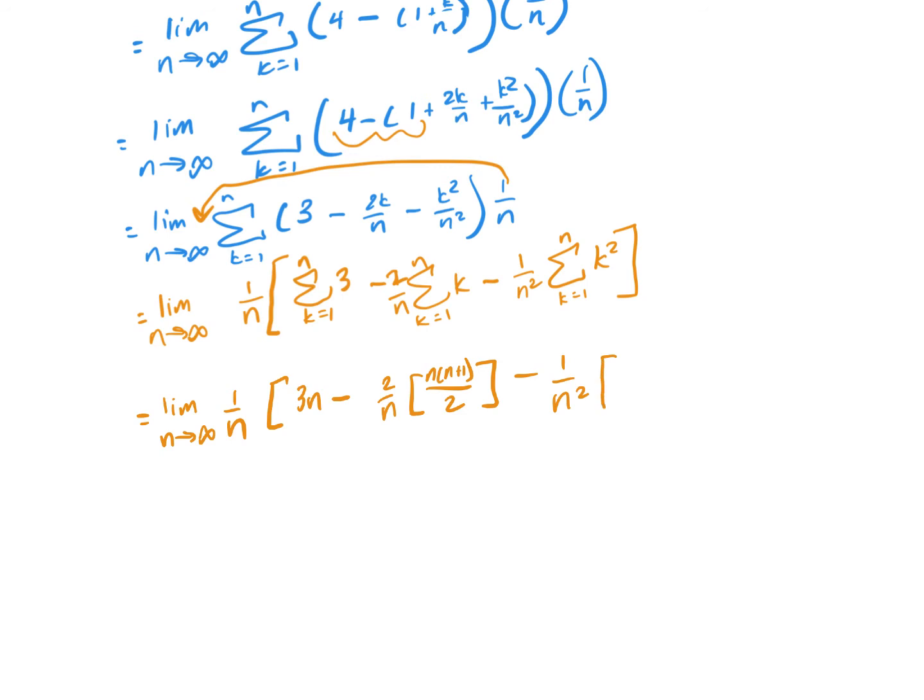That k squared becomes n times n plus 1 times 2n plus 1 all over 6. No more summations. They're gone.